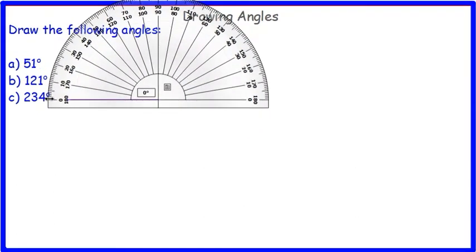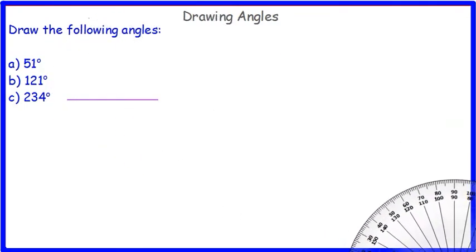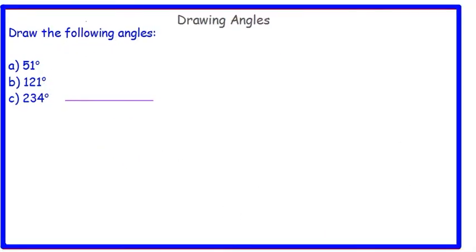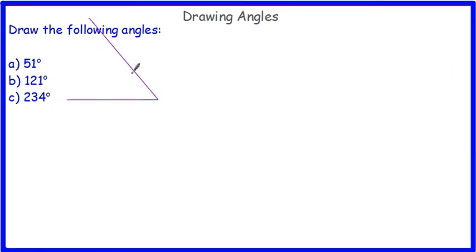So I'm counting from 0. 10, 20, 30, 40, 50, 1. I'm just going to put a dot on 51. Then I'm going to move away my protractor and I'm going to join this up. Not only that, I'm going to name it as well. So 51 degrees.